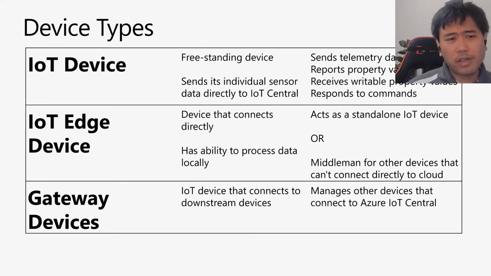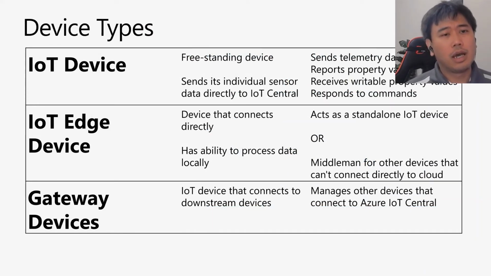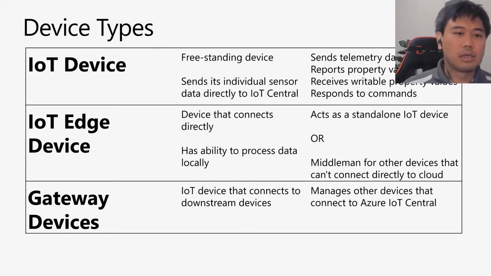So there are different device types that IoT Central can connect to, right? An IoT device, an IoT Edge device, or a gateway device. So let's try to figure out what's the difference between those three things. An IoT device is typically a freestanding device.